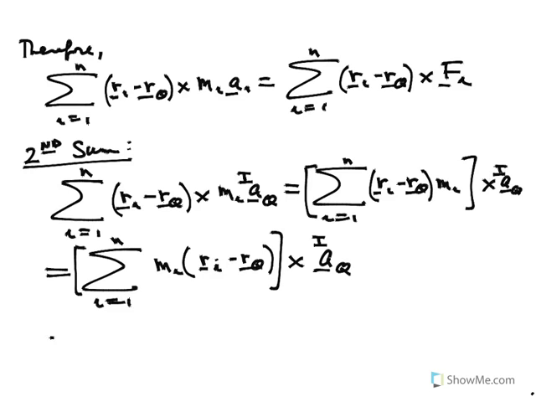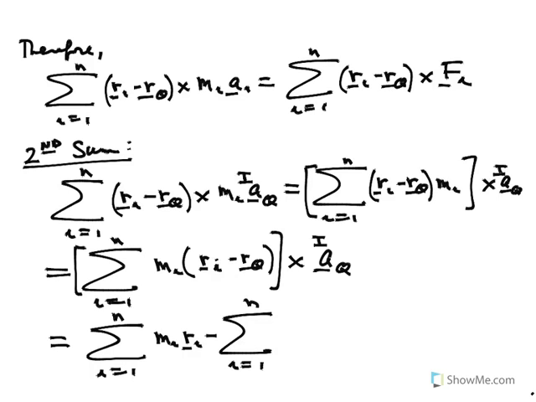And now we know that this is equal to the summation from i equals 1 to n of Mi Ri, minus the summation from i equals 1 to n of Mi Rq, and then this whole thing is crossed with A_Q/I.